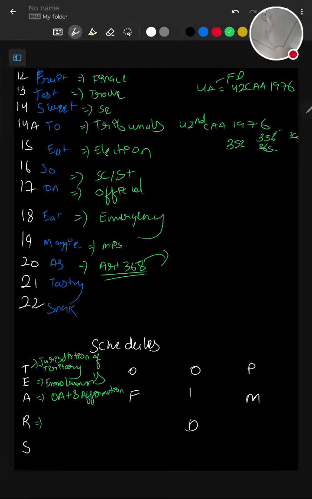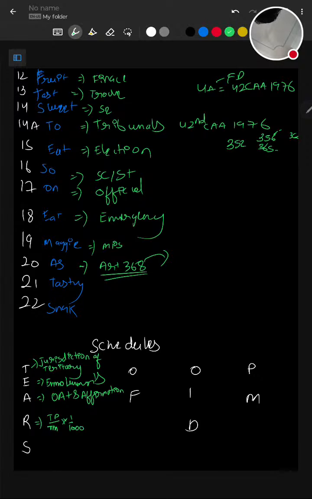Then R is your relating seats to your Rajya Sabha. Means like, the formula is like total population upon total members representing the state into 1/1000.